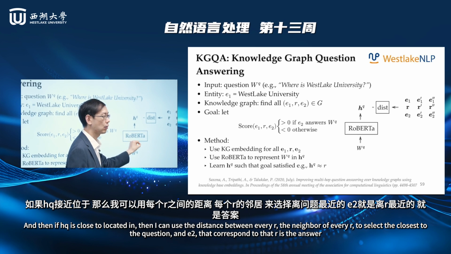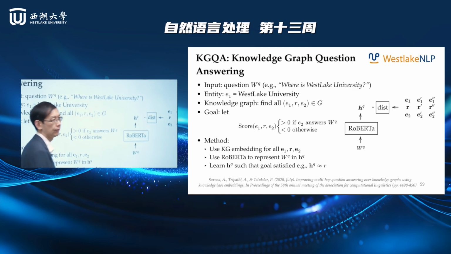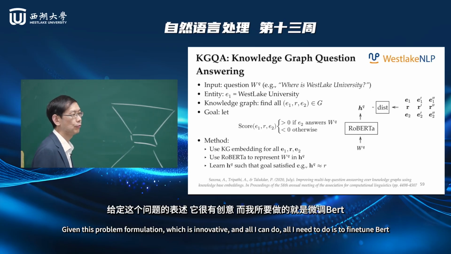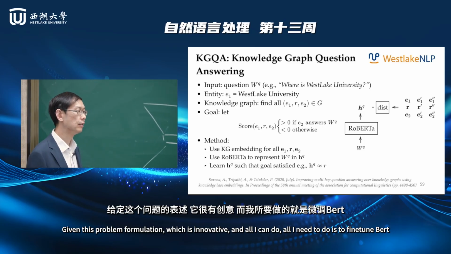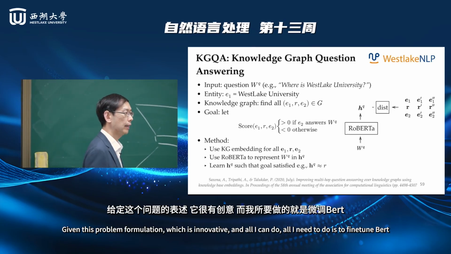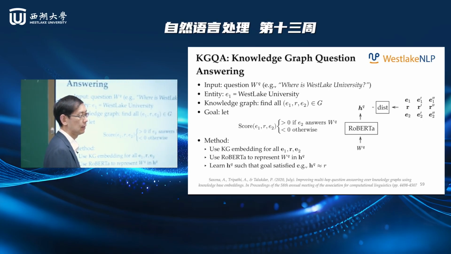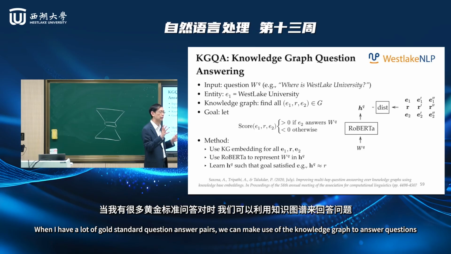And the E2 that corresponds to that R is the answer. All right? Okay, given this problem formulation, which is innovative, all I need to do is to fine-tune BERT when I have a lot of gold standard question-answer pairs. We can make use of the knowledge graph to answer questions.